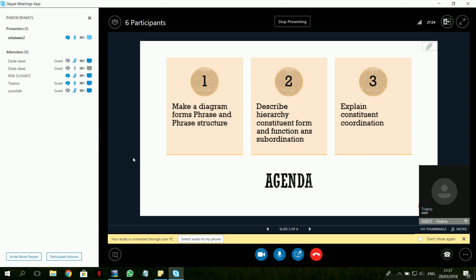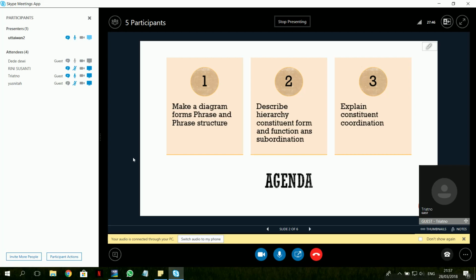Chapter 8.2, I will read for you. Diagrammation, form, phrase, structure, rules, and trees. This unit begins with talking about the relationship between phrase structure, rules, and phrase structure trees. As we know, the phrases in sentence can be represented by trees.